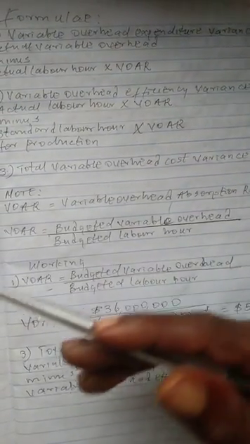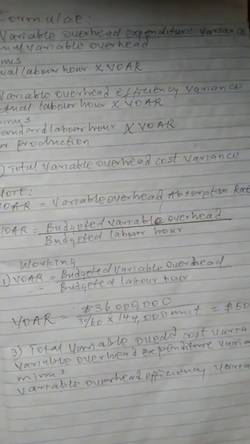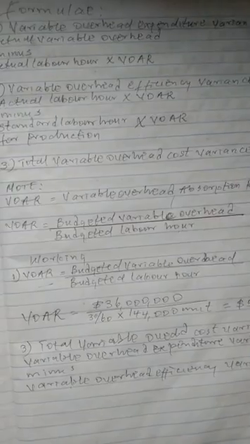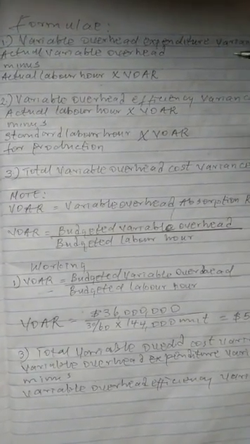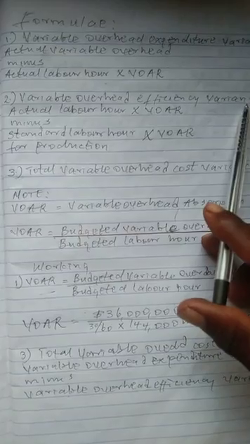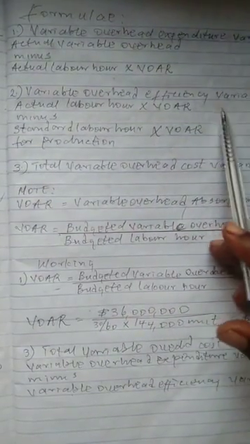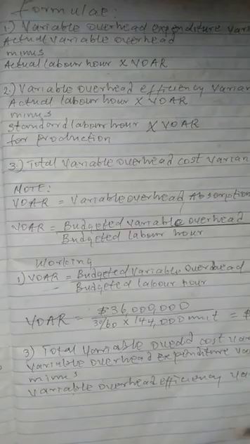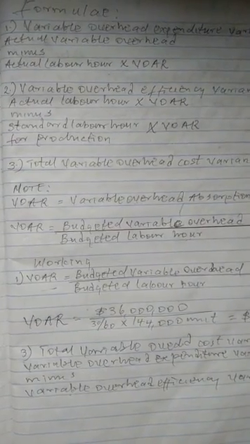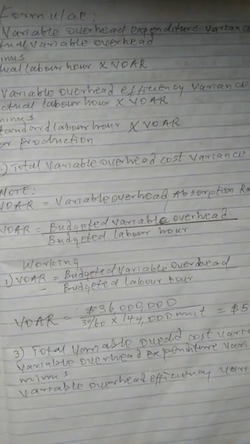There are 2 variances under total variable overhead cost variance: the variable overhead expenditure variance and the variable overhead efficiency variance. You have to add them together, or subtract them from each other, or adjust them with each other, whichever. Okay. You can also make confirmation.